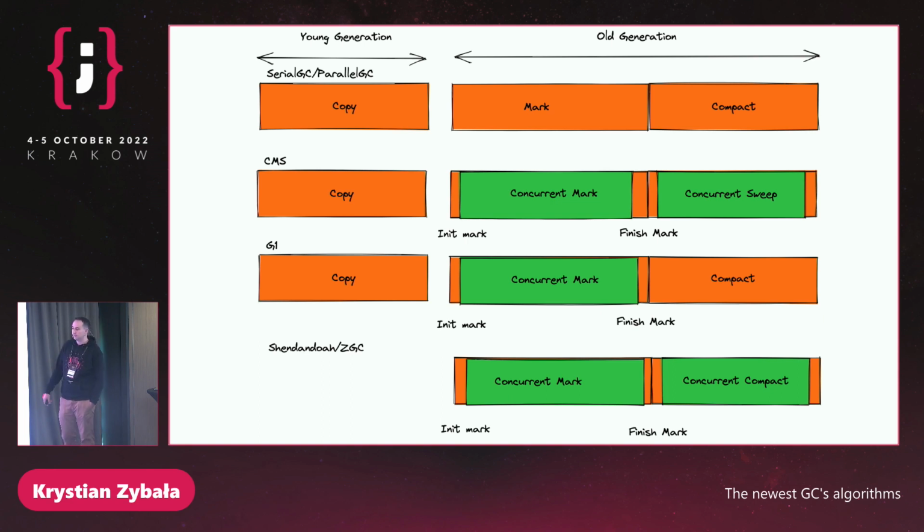So we see that Shenandoah and ZGC execute most of the time and clean the heap in a concurrent way. As you can see, ZGC and Shenandoah don't use generations. It means that this term doesn't exist; there is only a single generation. There is no division into generations like in serial GC, parallel GC, and G1.